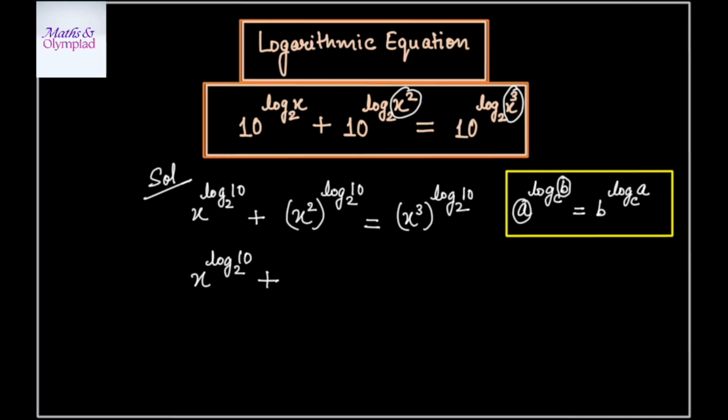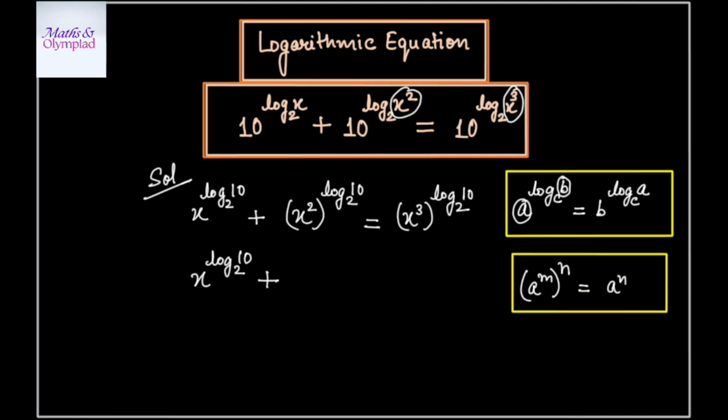Now I will use an exponential law, which says a raised to the power m whole raised to the power n equal to a raised to the power n whole raised to the power m.